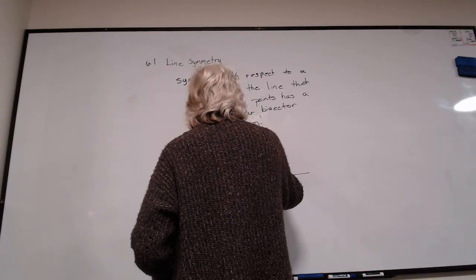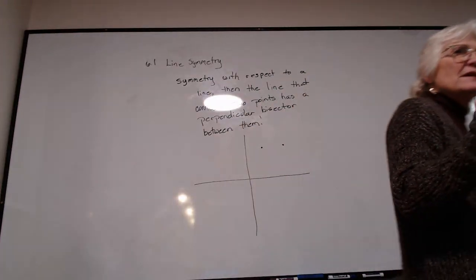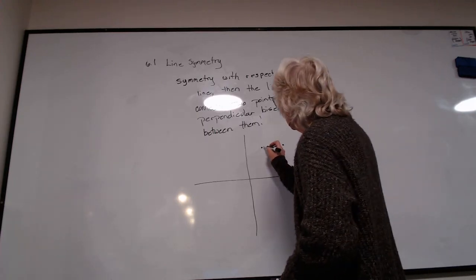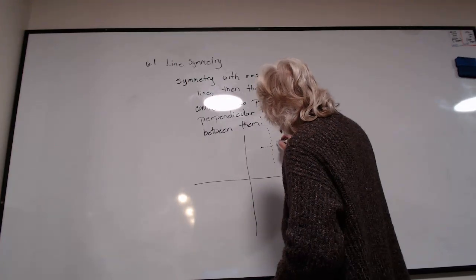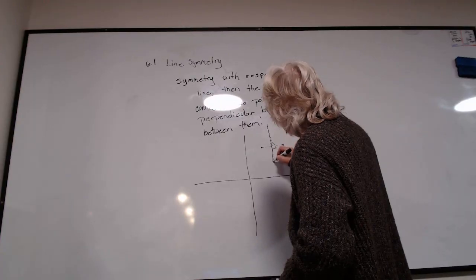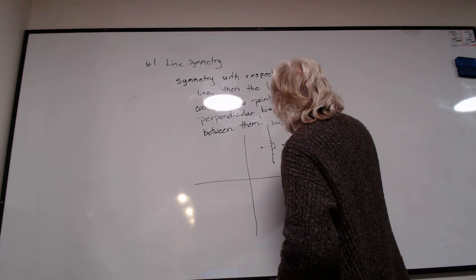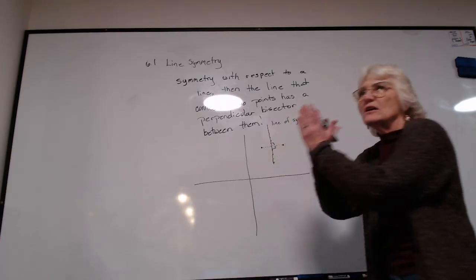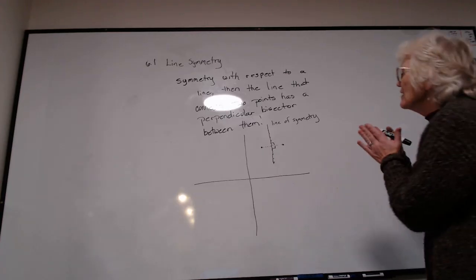So if I put this point here, and this point here, then there is a line of symmetry between them, because if I connect these 2 points and I put the perpendicular bisector in there, this line is the line of symmetry. Now basically what that means is I could fold it at that line and the points would match. Okay, so that's how I kind of look at it.